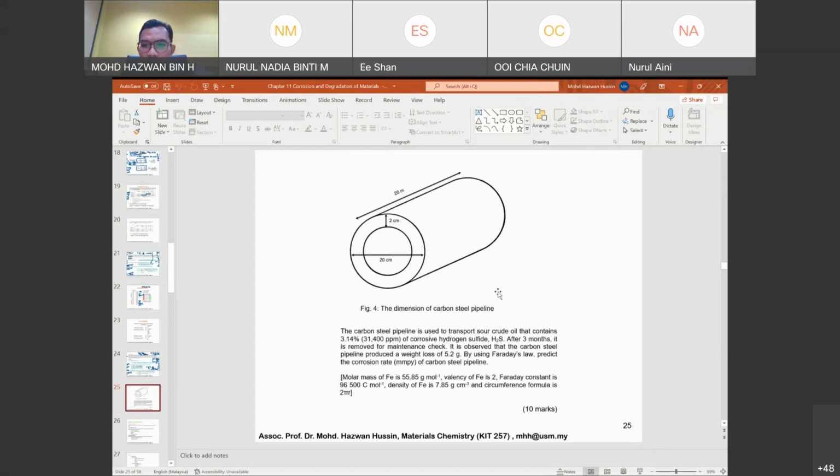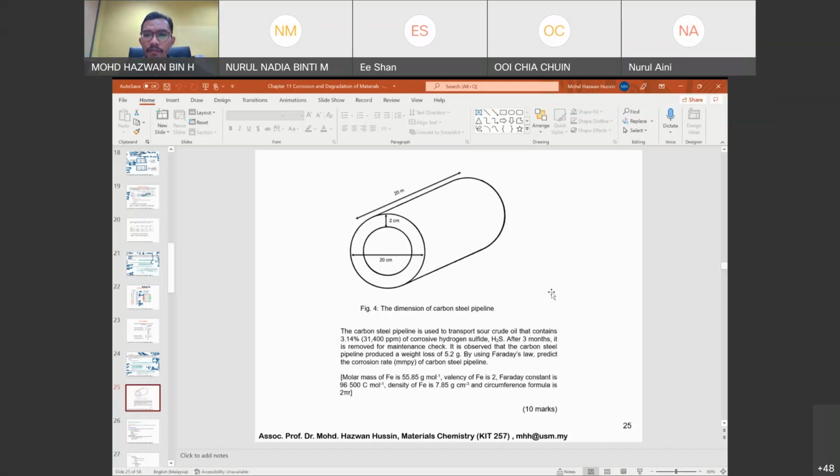It is observed that the carbon steel pipeline produced a mass loss of around 5.2 grams. So by using Faraday's law, predict the corrosion rate in millimeters per year of the carbon steel. You are also given other information: the molar mass of iron, the valency of iron, Faraday's constant, density, and a hint to calculate this, the circumference formula, which is equal to 2 pi r.